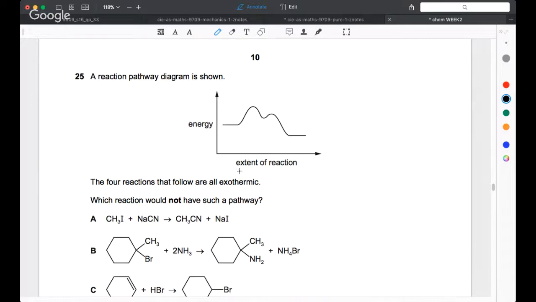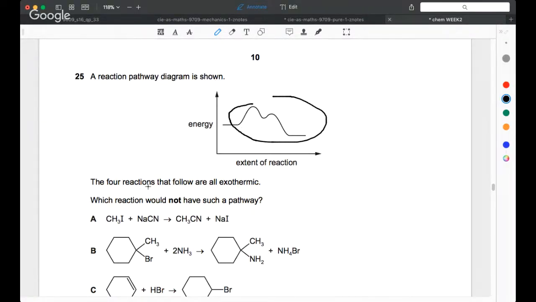25. So what does this graph tell you? What kind of reaction is it from this graph? That's not related to the question.